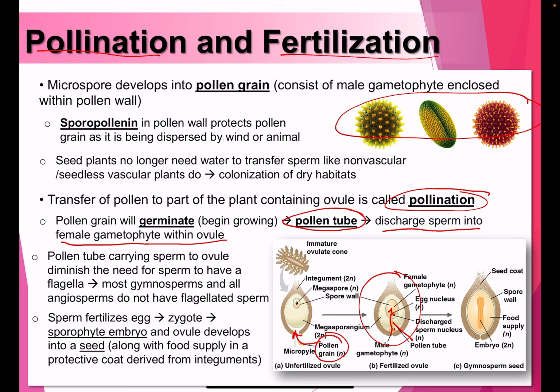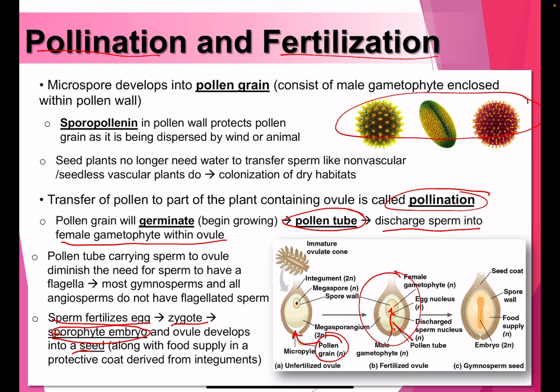Okay, so that's why pollination has to happen before fertilization. Fertilization means now the sperm is inside the egg. It fertilizes it, which then forms a zygote. That zygote will become a sporophyte embryo, and the ovule develops into a seed once that sporophyte embryo starts to grow.